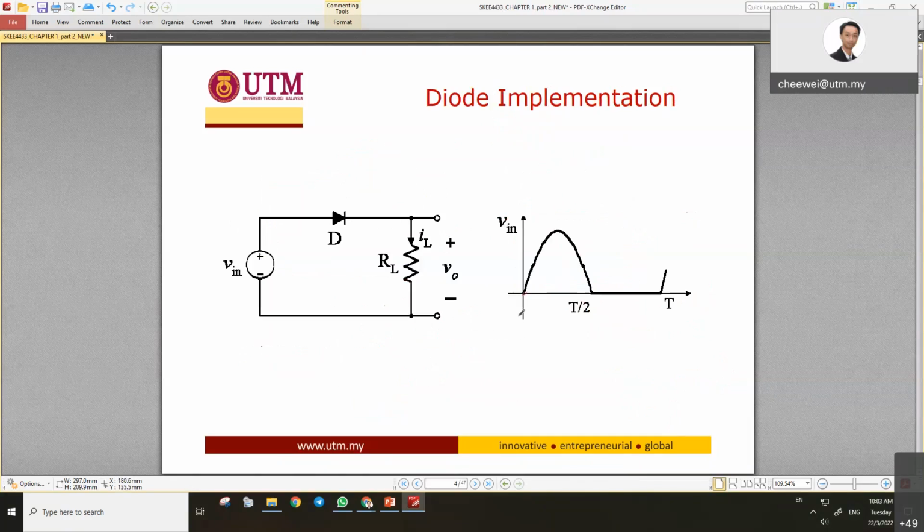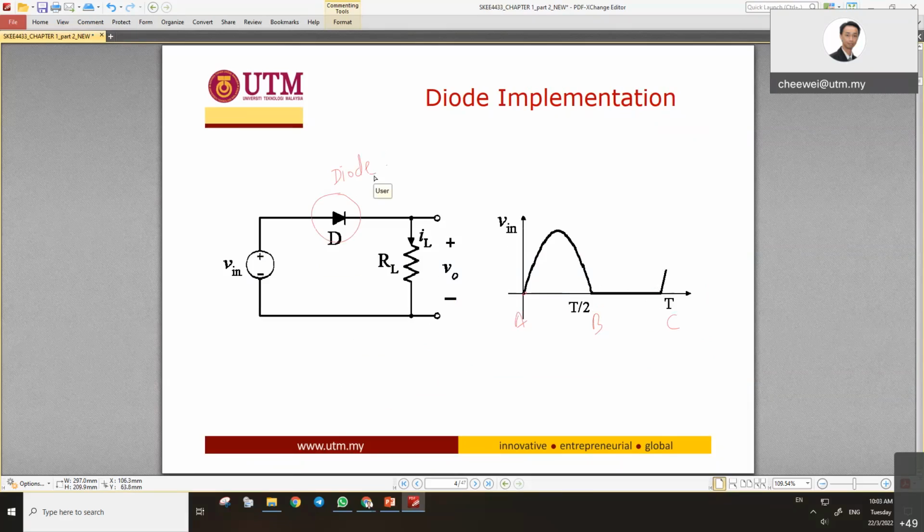From A to B, the output follows the input supply because the switch is closed. From B to C, the switch is open, which means the current is not flowing. So you get nothing. Output is 0. So it represents the same behavior as a diode.